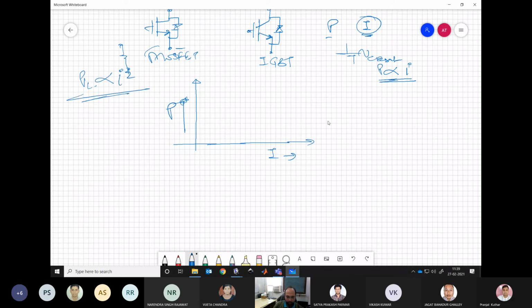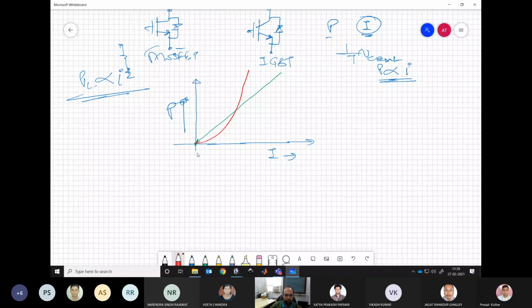This is a very important difference because the IGBT will see a kind of linear characteristic. The slope will be dependent on VCE sat, of course. Let's say like this. And the FET will be something like a quadratic curve. So it will go like this.